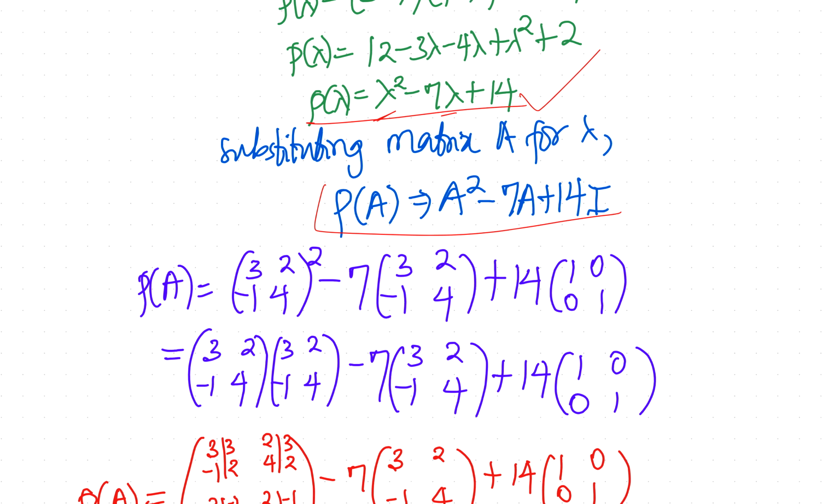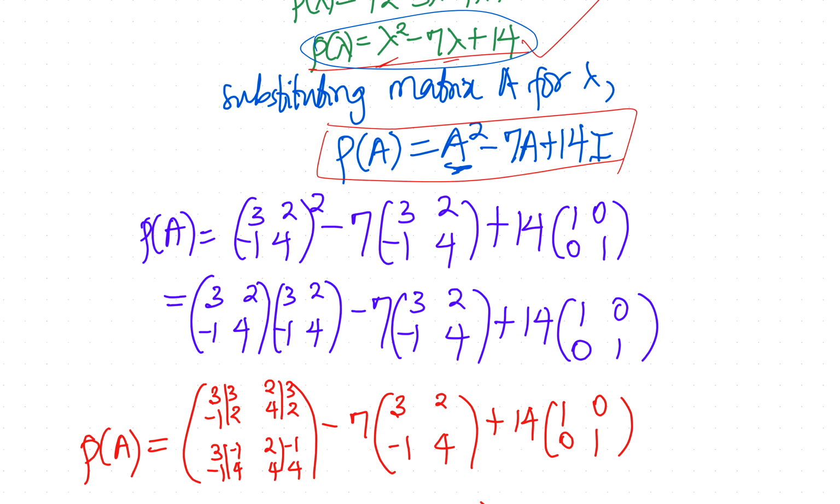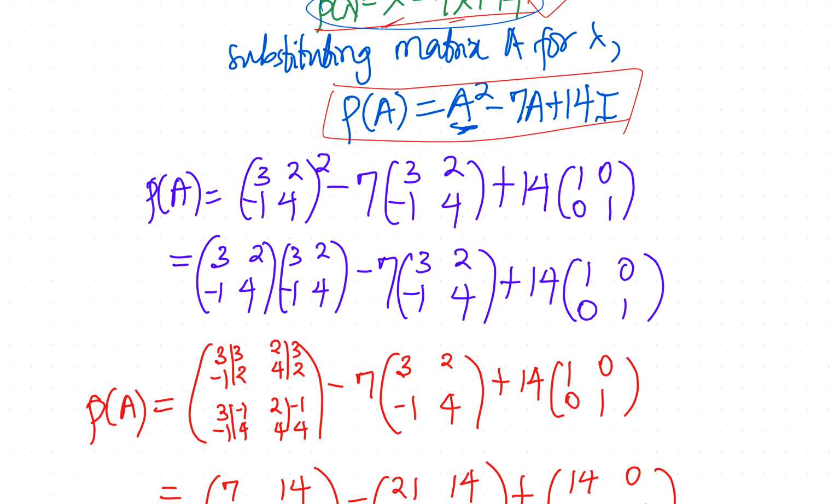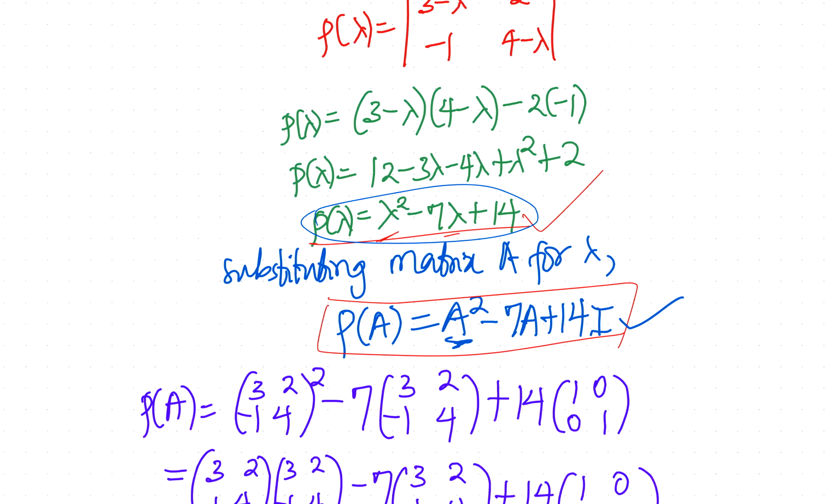Okay, so now that you have this, you want to establish that the matrix actually satisfies its own characteristic polynomial. To do that, you put in the A now. So bring the matrix. The matrix A originally, don't forget, is 3, 2, minus 1, 4.